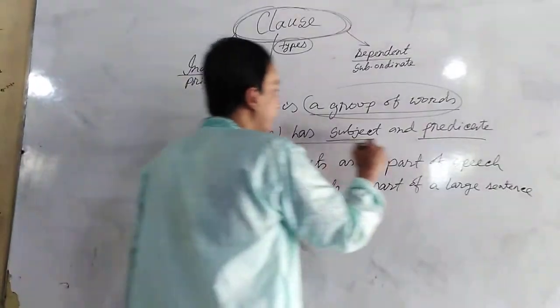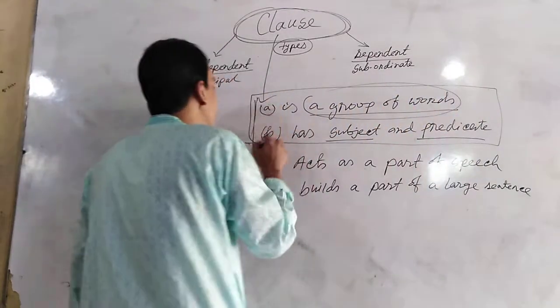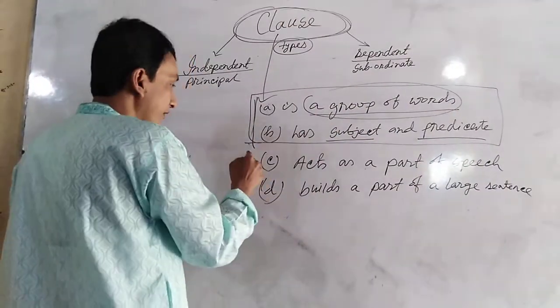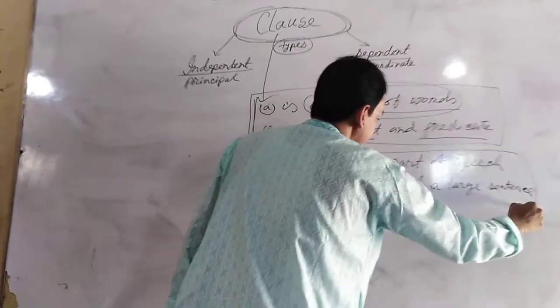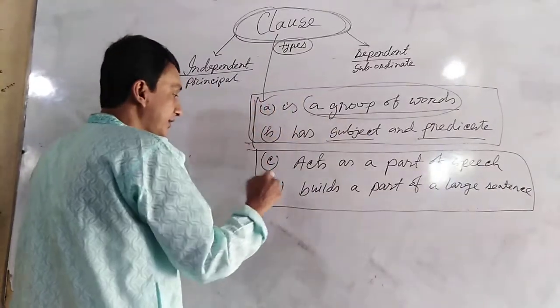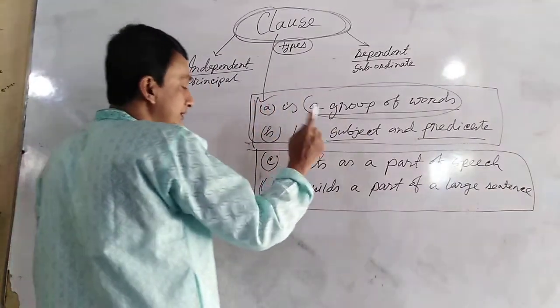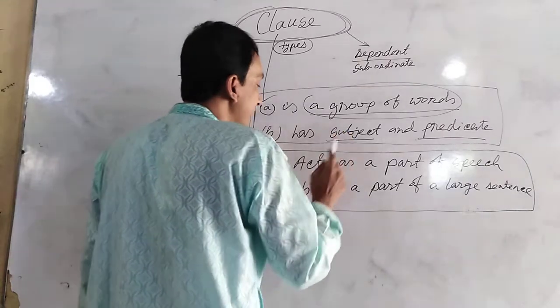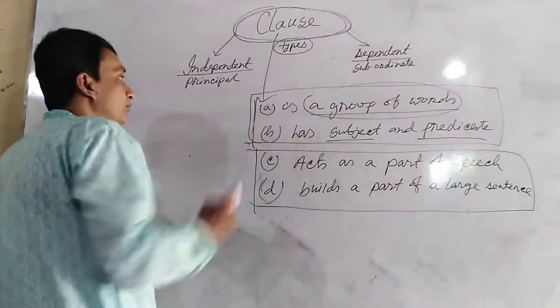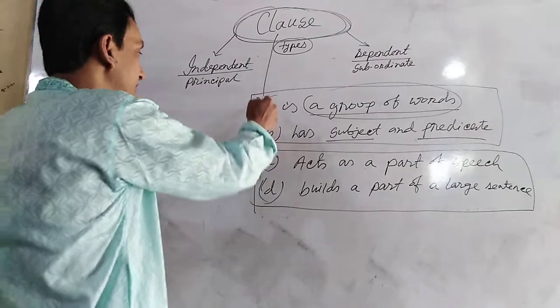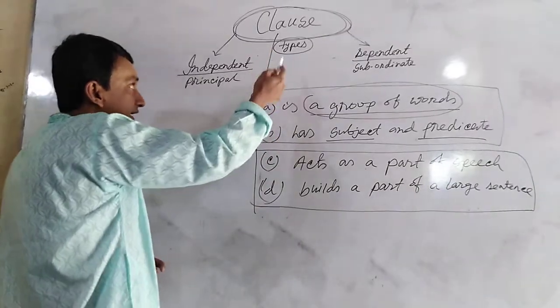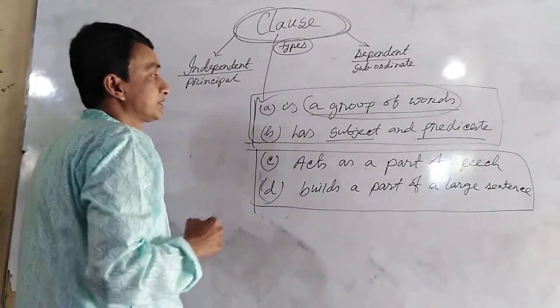But these two characteristics are found in almost all clauses. The rest of the characteristics, that means C and D characteristics, are found only in subordinate clause or dependent clause. If we minutely observe, we will see that these four characteristics are found.